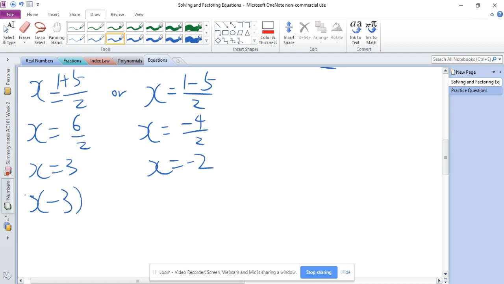Is that okay? Because here is plus 3, move to the left hand side, it becomes negative 3. Do the same thing here. Here is negative 2, I need plus 2 on both sides. So if I move that to the left hand side, it will become plus 2. Don't forget to set it equal to 0, and in the middle of it is a dot, because this term times this term is equal to 0.